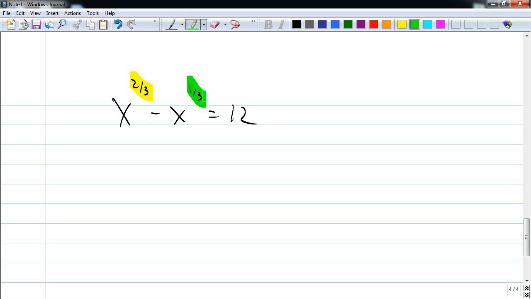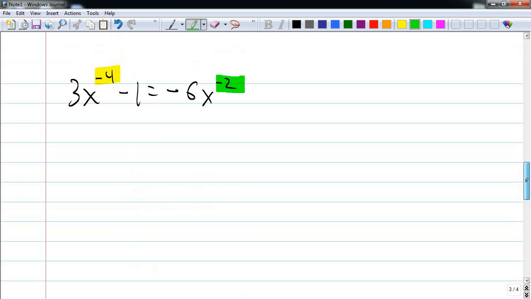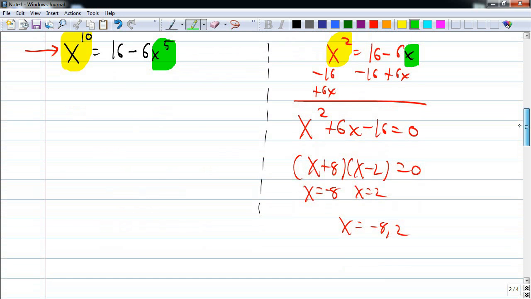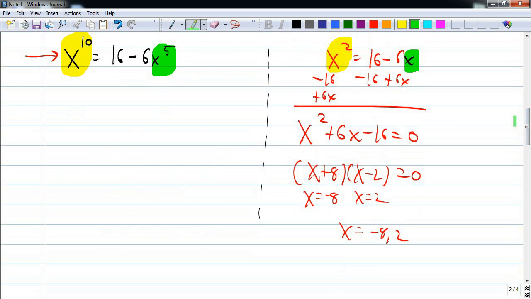If you have two x terms and one exponent is twice the other, then the equation has a quadratic form, and you can solve it as if it were a quadratic. All of these three examples have a quadratic form, so I can pretend like they are quadratic.